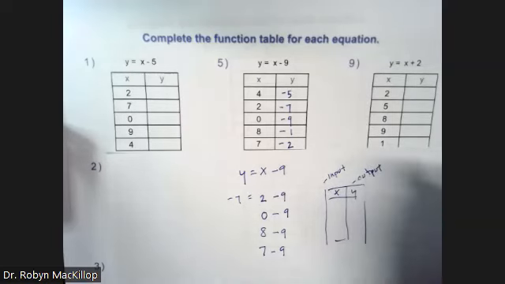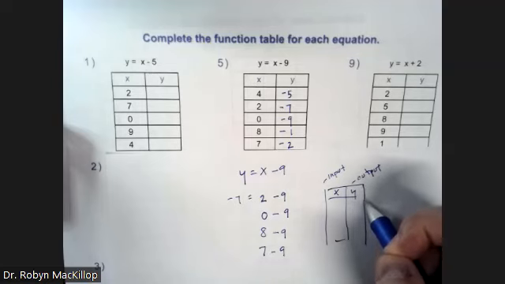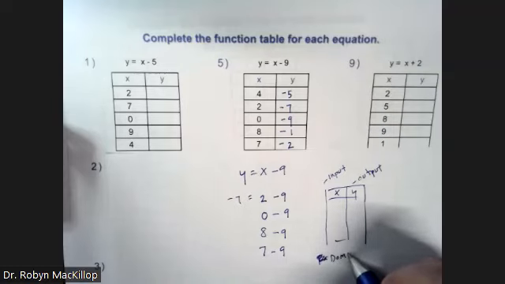And I'm going to throw two more terms at you. You don't need them for this, but just in case they show up, X is the domain, and Y is the range.